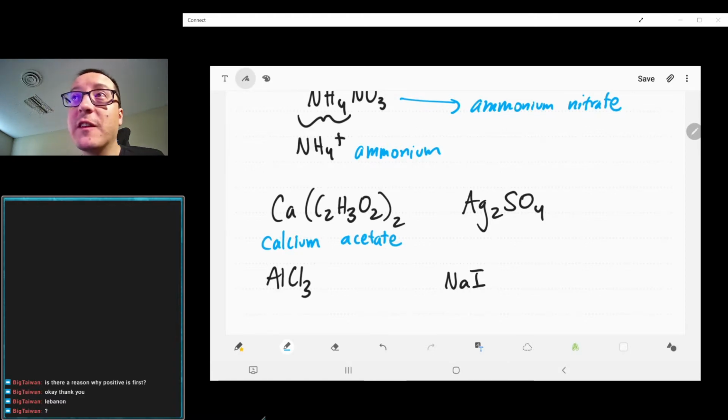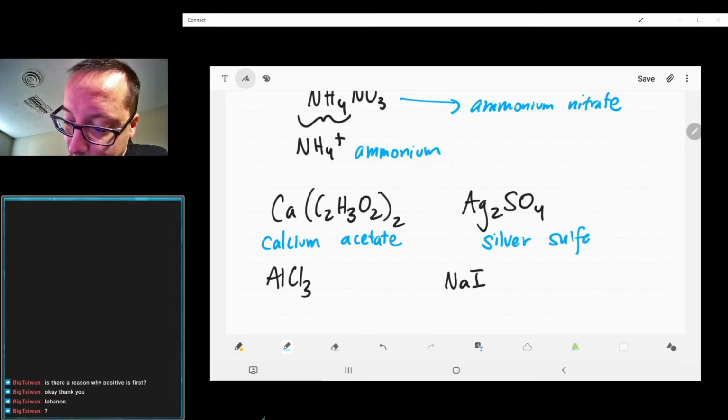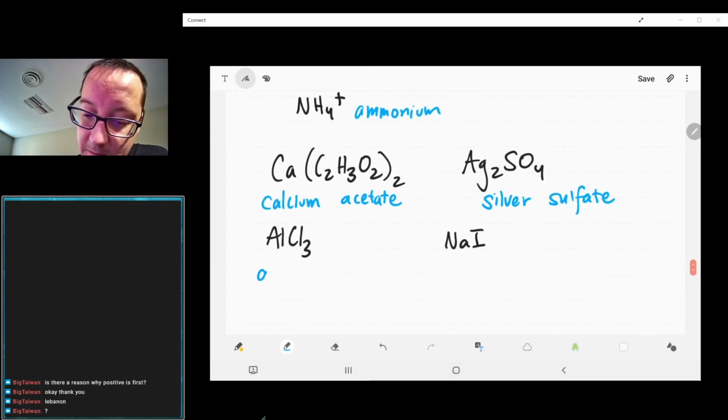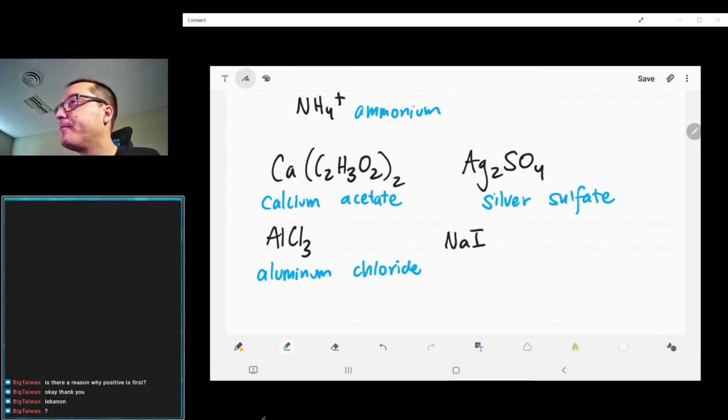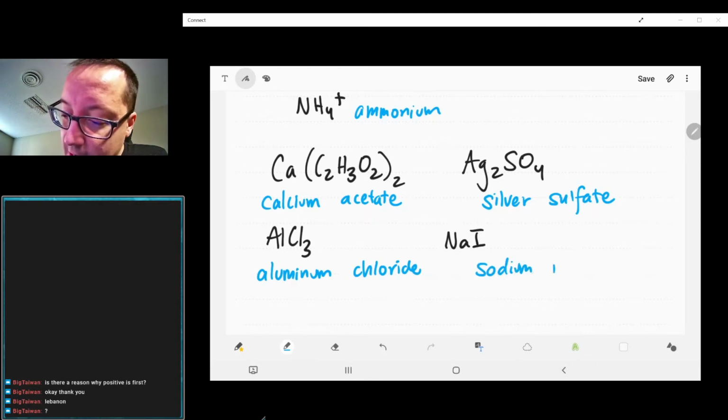And so the name for this compound is just calcium acetate. Very easy. Just name each of them in order. The next one would be silver sulfate. And then aluminum chloride. And finally, sodium iodide.